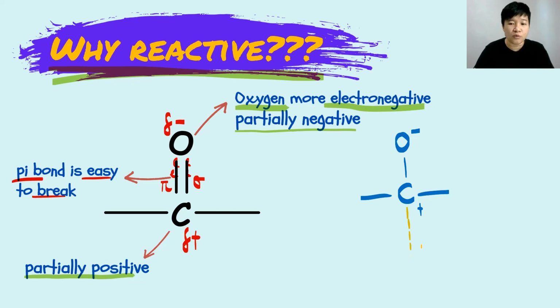Who will go in and sit with your partially positive carbon? Definitely your nucleophile. Your nucleophile that is holding the negative charge will be the one that goes in and forms a new bond with your positive carbon. So your partially positive carbon will be accepting a new friend, which is your nucleophile.